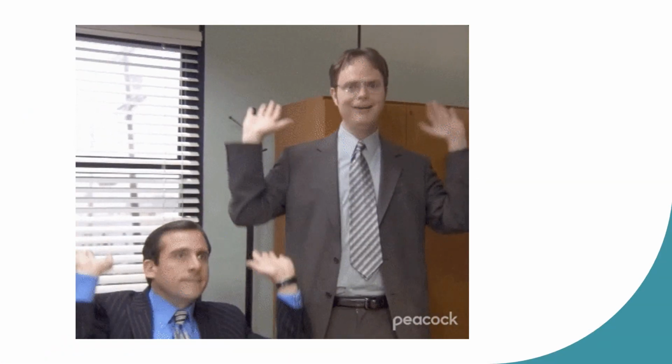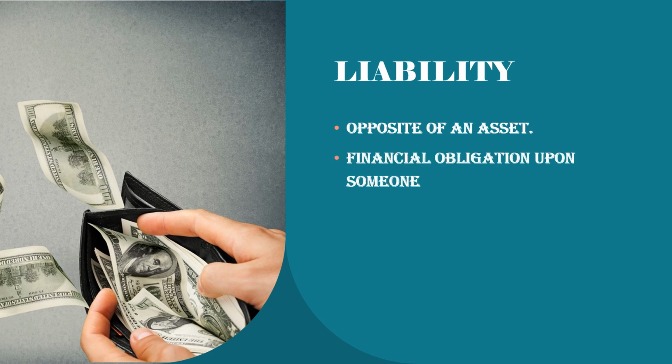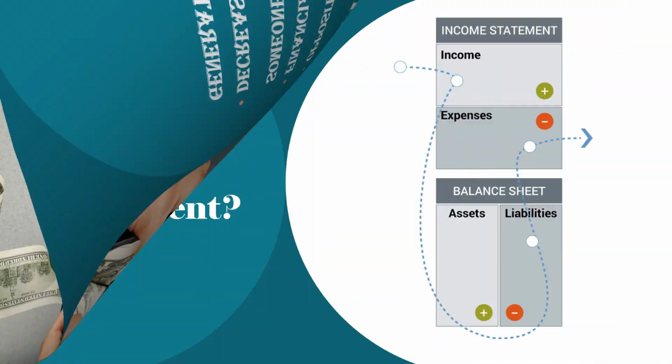Now let's see what is a liability. A liability does simply the opposite of what an asset does to your wealth accumulation. A liability is simply a financial obligation upon someone or on a corporation. A liability either decreases your cash inflow or increases cash outflow. Now let's say you have just bought a liability with your income.